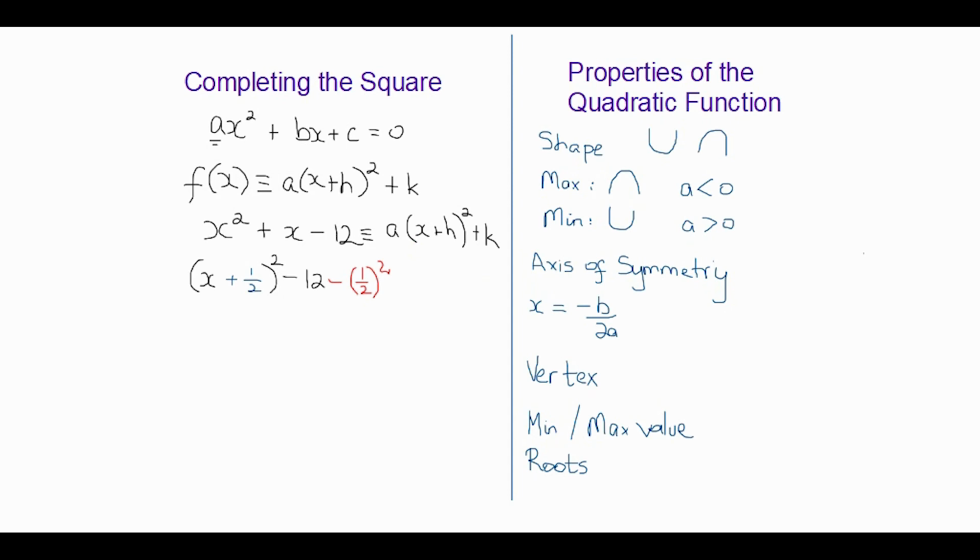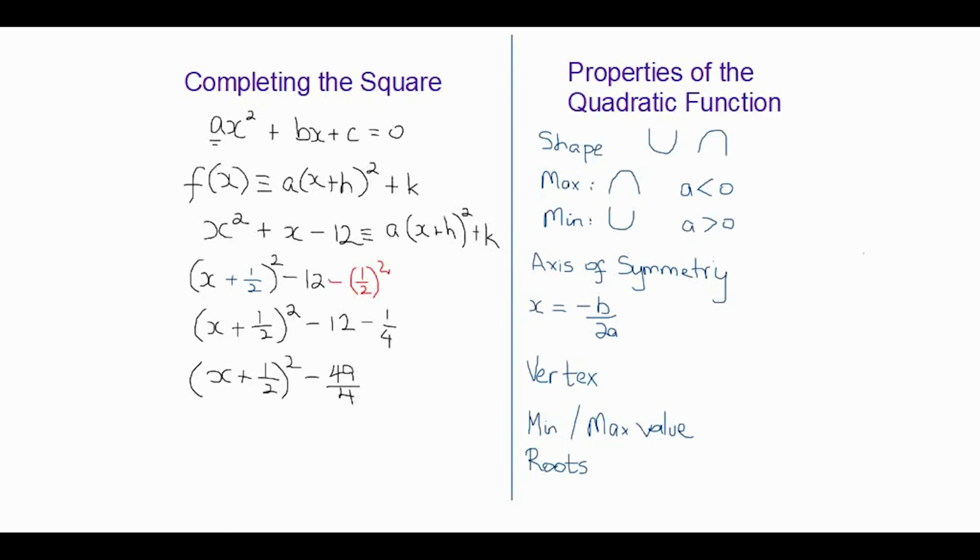So from here now, I get my perfect square, x plus a half, all to be squared. And now, simplifying, I have minus 12 minus a quarter. And then working this out, I will get my constant at the end here simply being 49 over 4.